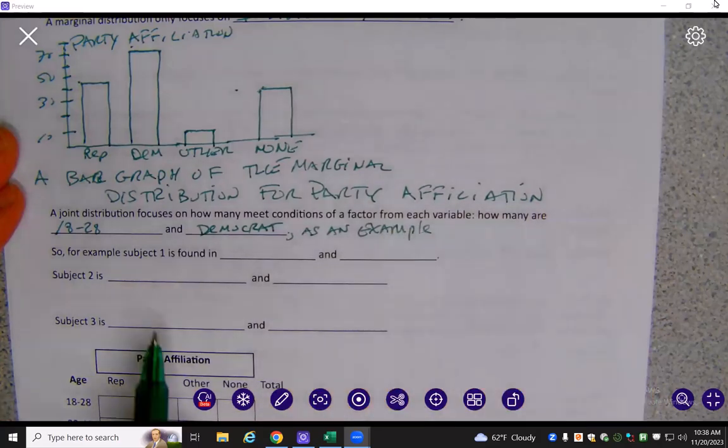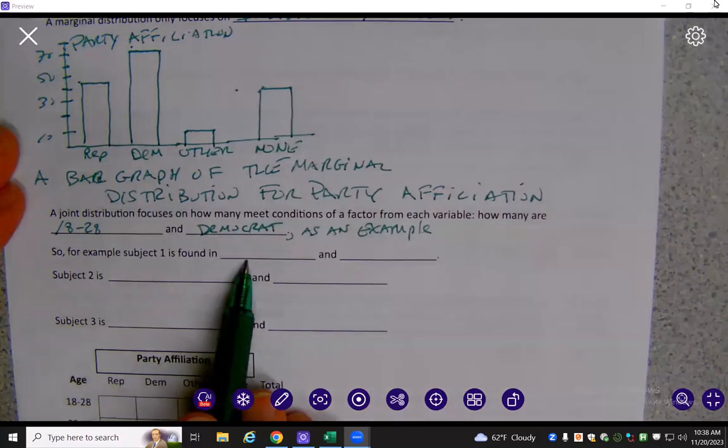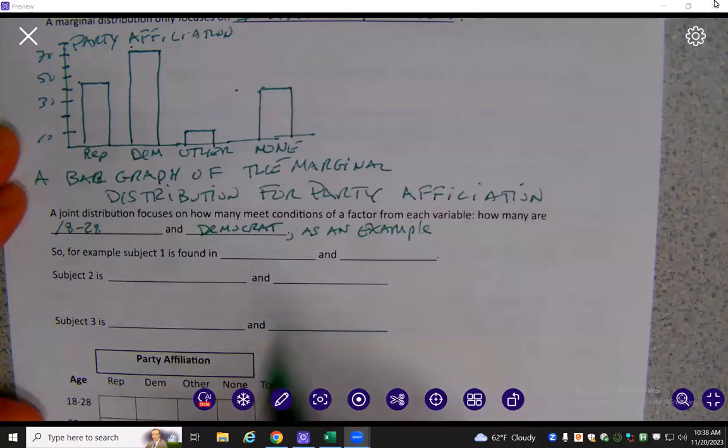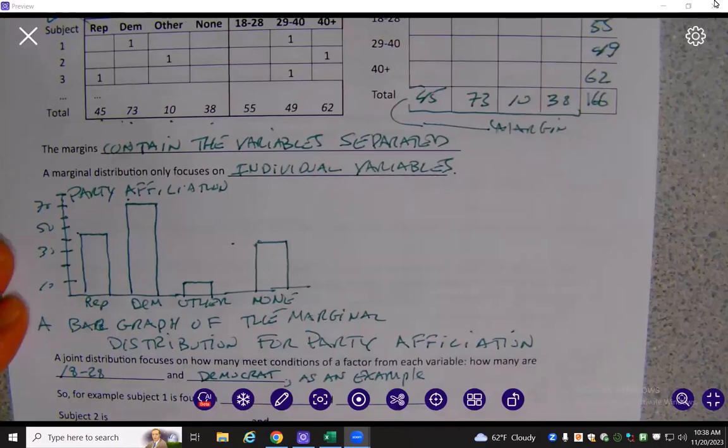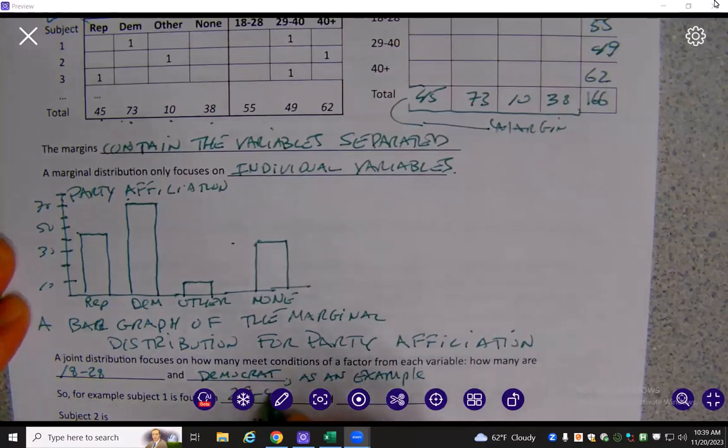So, for example, where is subject one found? When you look at that table, the one when it showed the different ones, where does subject one belong to? So found in 29 to 40 and Democrat.